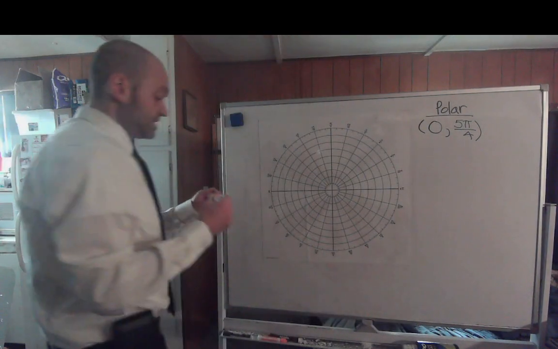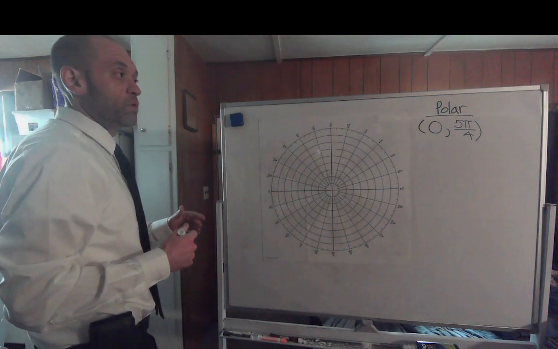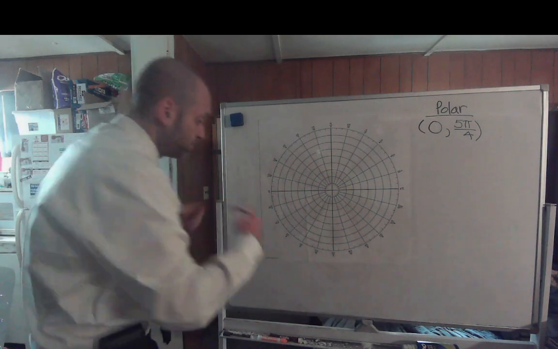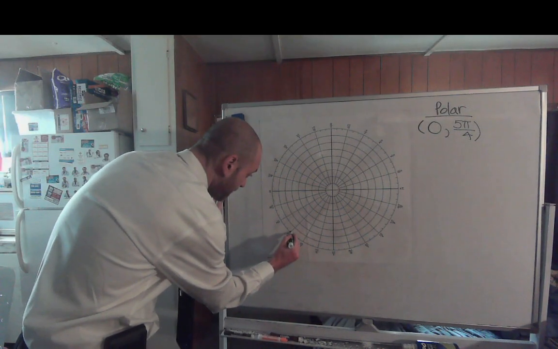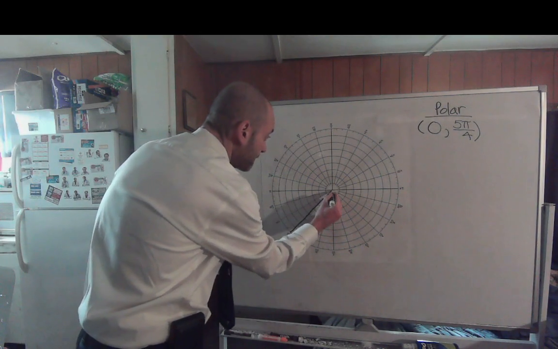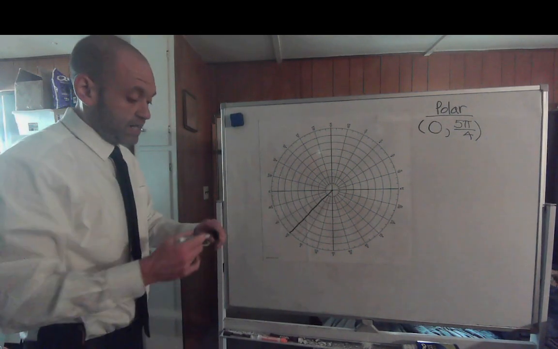So we are at (0, 5π/4) for our polar coordinate. Well, let's find 5π/4. That's going to be right here. (0, 5π/4).